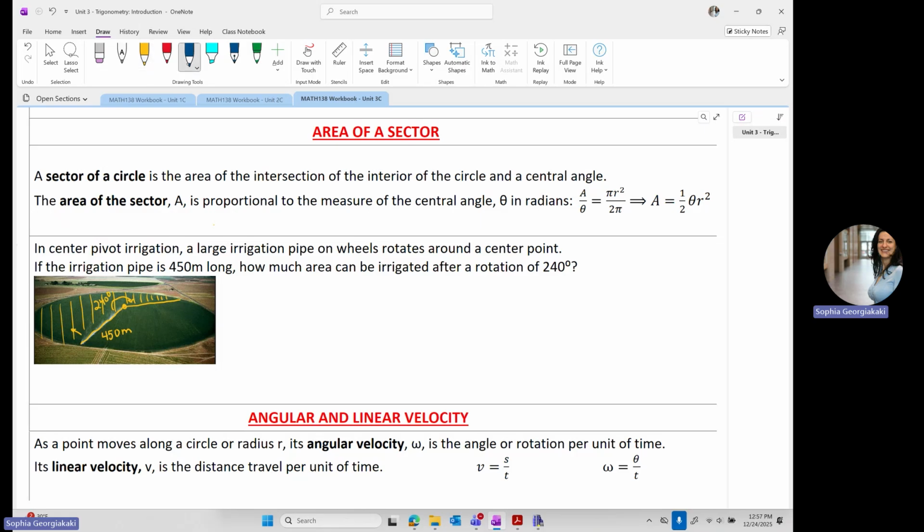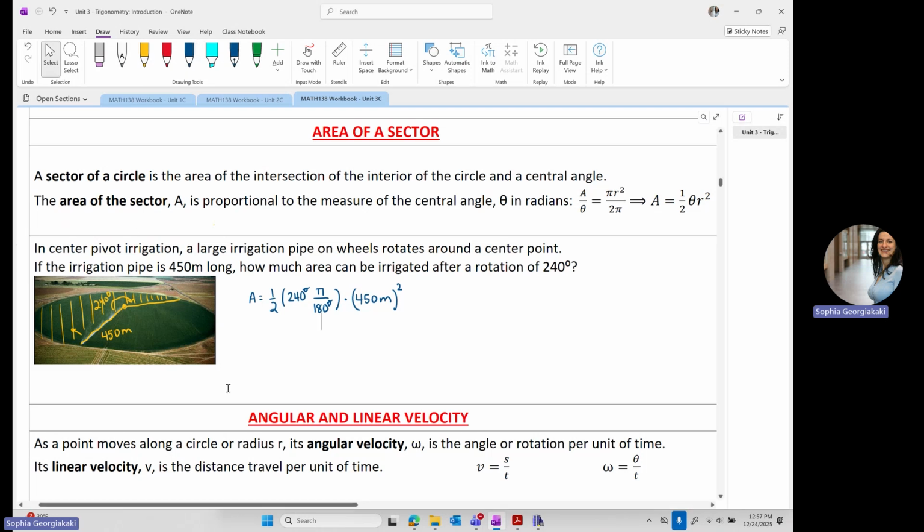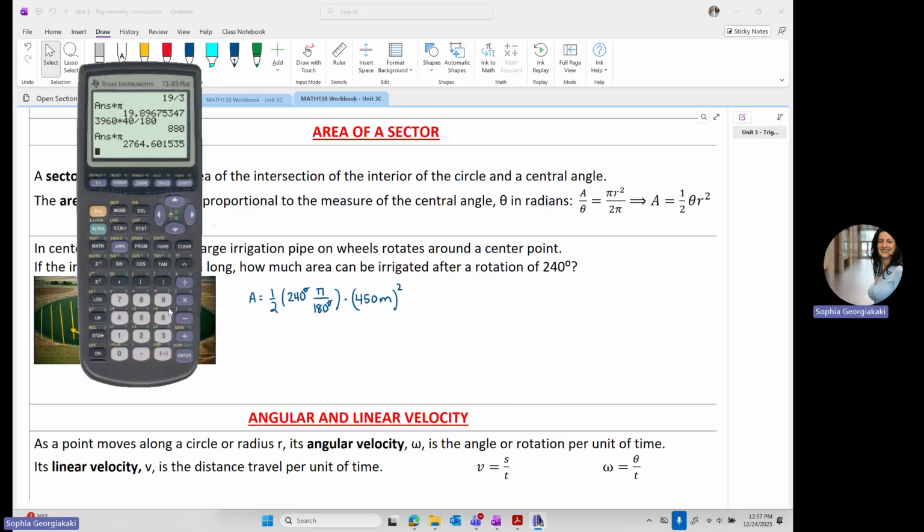So per the formula, the area will be 1/2 theta, 240 degrees times pi divided by 180, times r squared, 450 meters squared. The degrees are simplified. The units that are remaining are square meters, which are good units for area. I'm going to do first the rational part and express my answer in terms of pi.